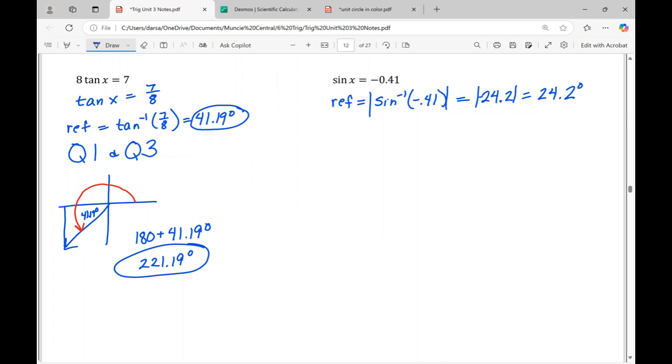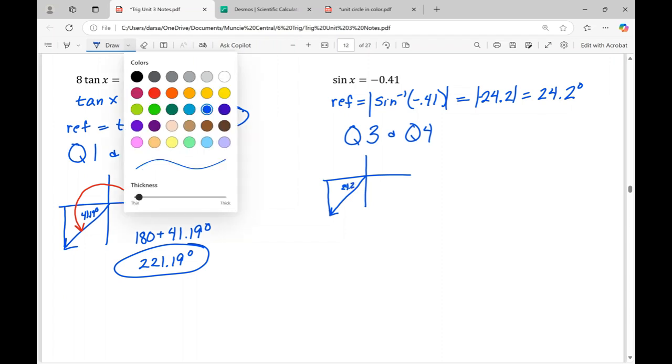Now, if you look at our quadrants, All Students Take Calculus, we should be getting negative sine in quadrant 3 and quadrant 4. So our two answers should come from quadrant 3 and quadrant 4 and be between 0 and 360 degrees. 24 degrees is not in quadrant 3. So if we look again at quadrant 3, we have a reference angle of 24.2 that goes right here.